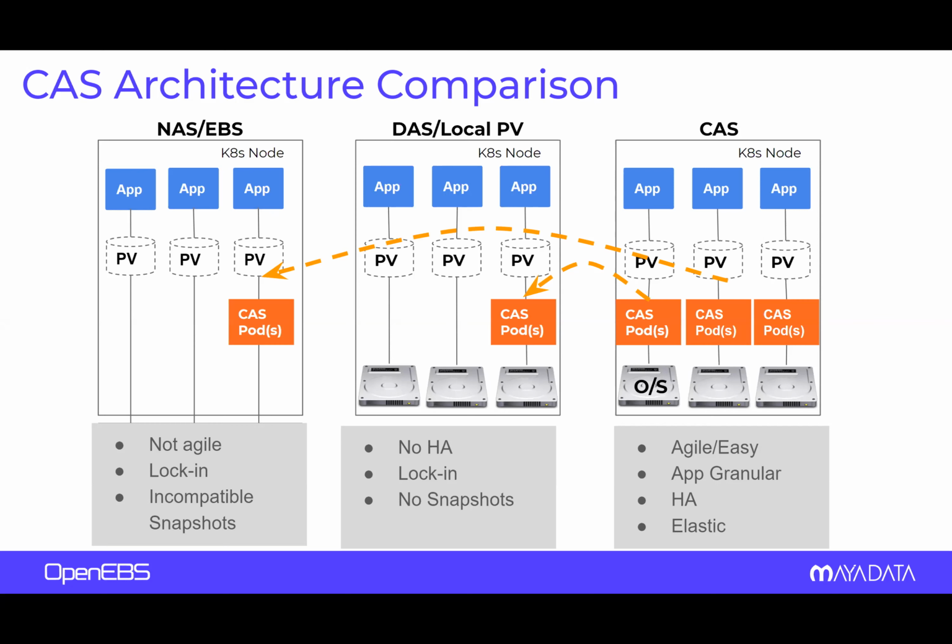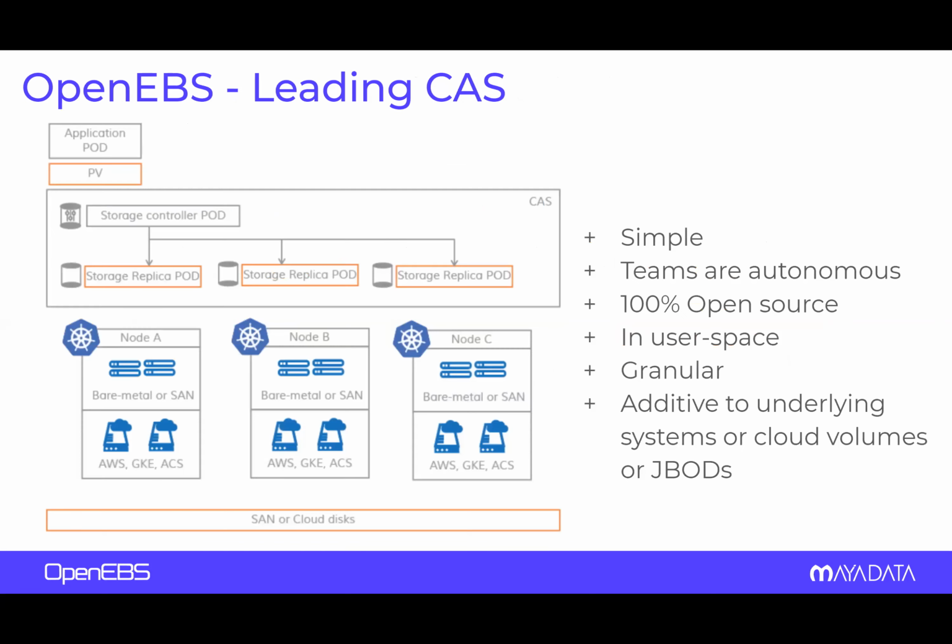With container attached storage, every application gets its own storage controller, delivered as a set of microservices. It abstracts the storage infrastructure underneath and can be deployed on traditional enterprise storage, on cloud storage like EBS from any provider, and it can also abstract local resources. If there's no data or storage provider, we can create our own.